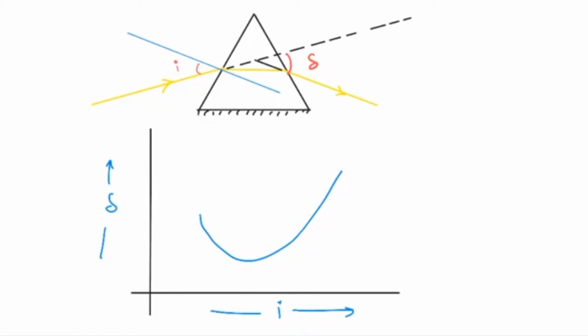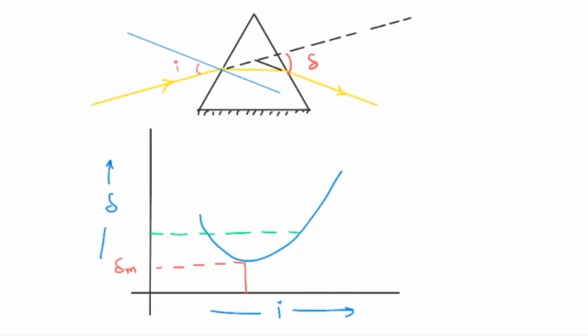This particular point is called delta M, which is the angle of minimum deviation, and it corresponds to only one value of I. Other than that, for every value of deviation, you will have two values of I. Let's say I take this.